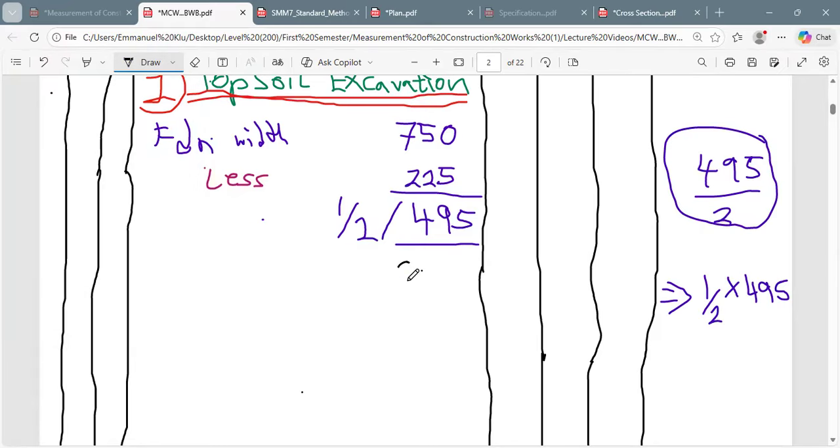Let me put it over here. It's rather 247.50. So let me write it all. 247.50. Yes, so now we are done with our foundation spread.